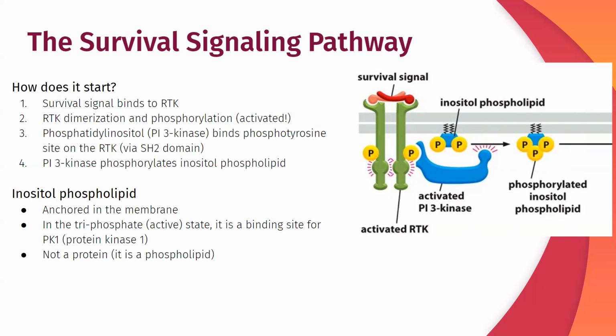That is able to activate the inositol phospholipid molecule that is lodged into the membrane over there. Then it will get phosphorylated, becoming PIP3, which has three phosphates. PIP3 and PIP2 are not proteins, they're lipids. Very important.